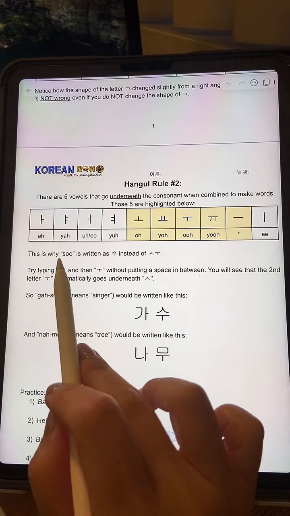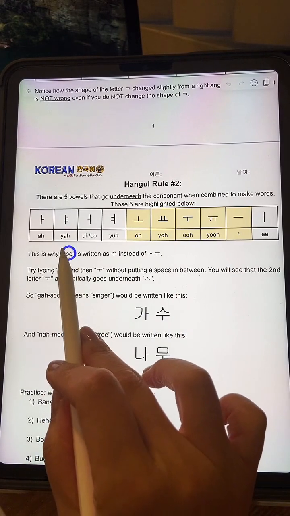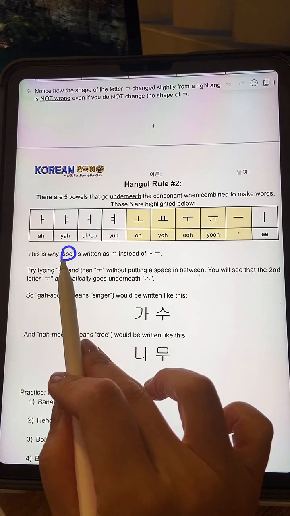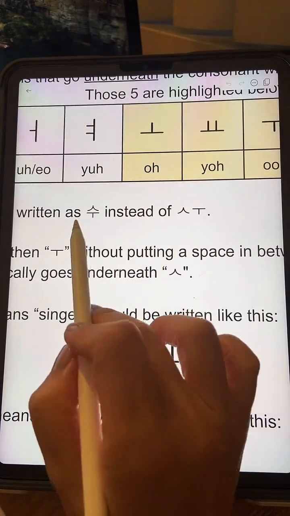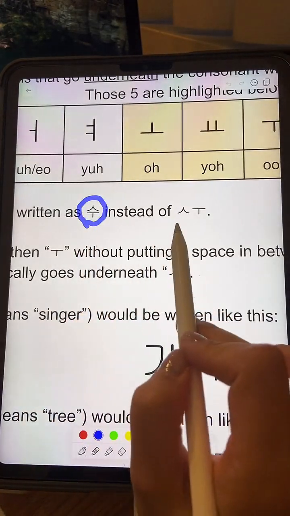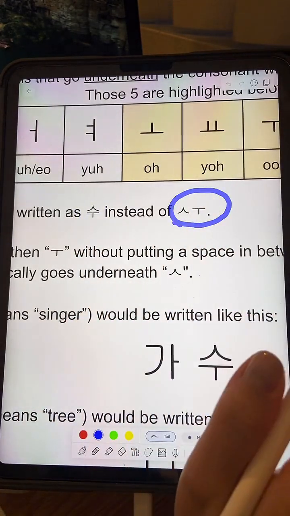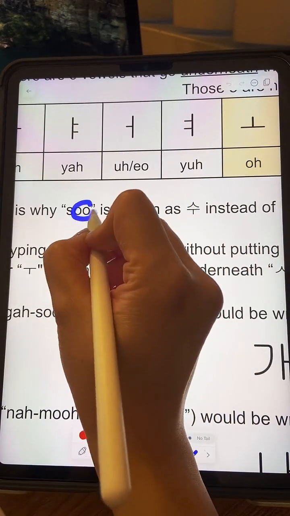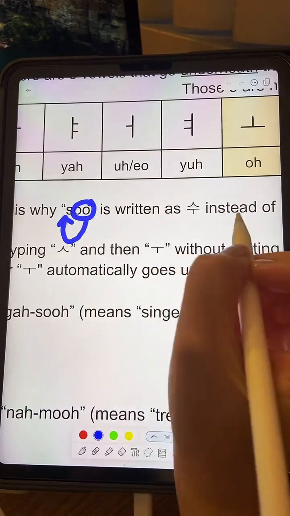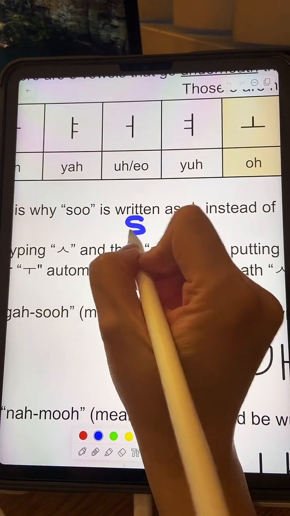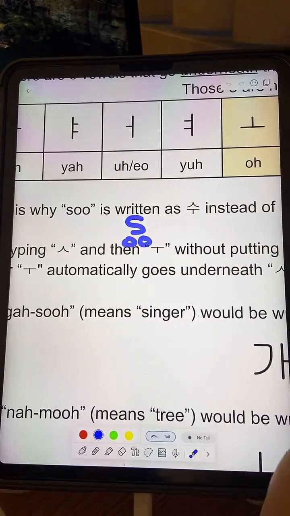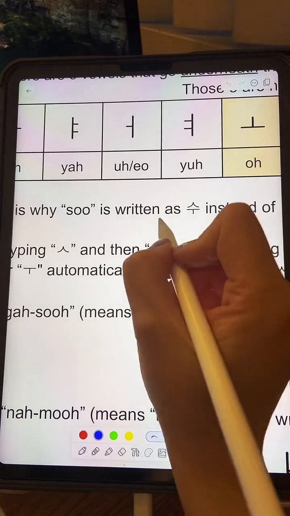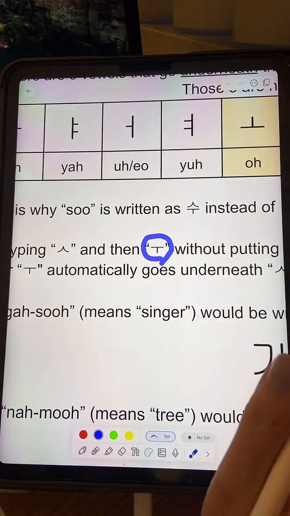This is why if you were to write su in Korean, you would write it like this instead of like this. It's as if the u is underneath the S, right? Yes, so in Korean, u goes under.